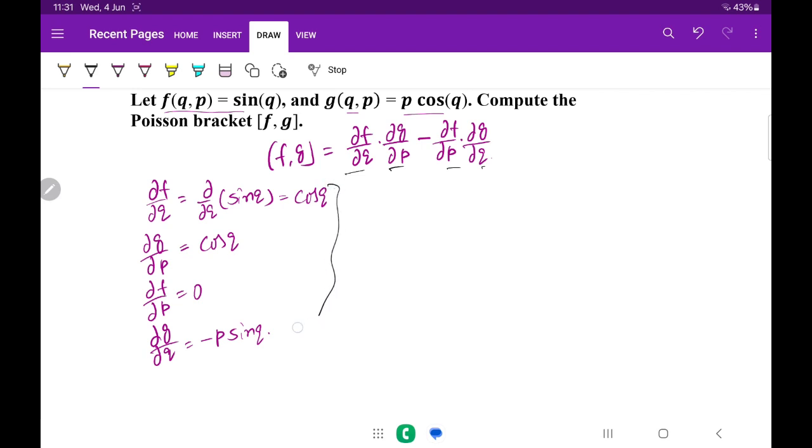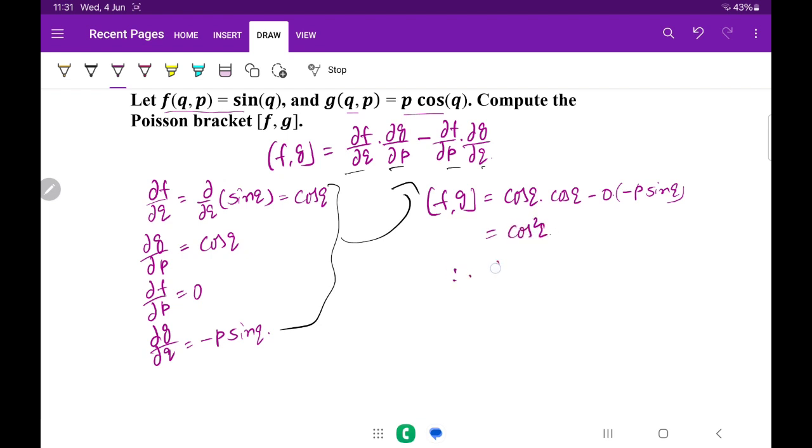Now we will substitute all four quantities in this formula. Then [f, g] becomes cos q times cos q minus 0 times minus p sin q. If we simplify it, you get cos² q. Therefore, the Poisson bracket of f and g is cos² q.